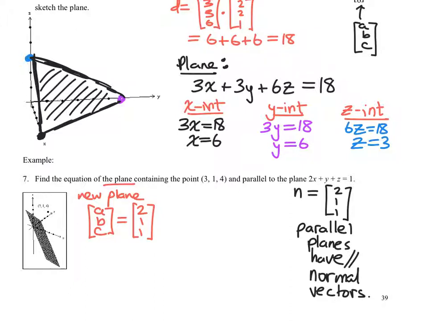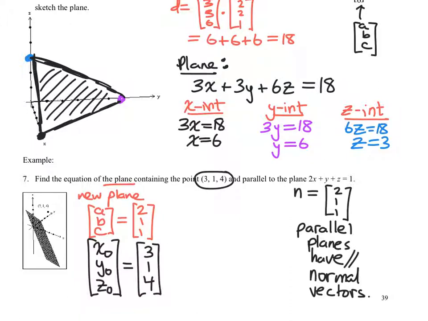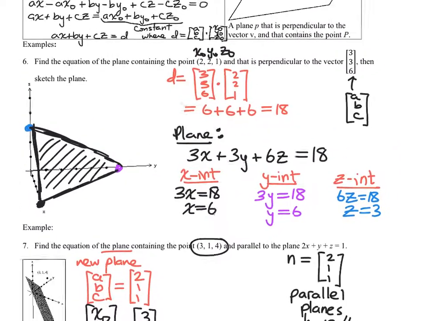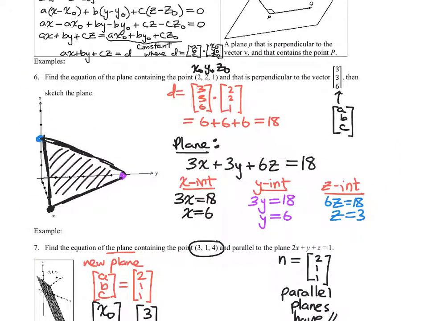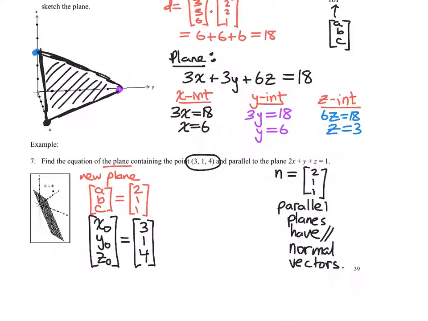Doable, but more complicated. And I know I'm going through this point x sub O, y sub O, z sub O of 3, 1, 4. All right. So I'm going to dot, just like I did up here, my normal vector against the coordinate.